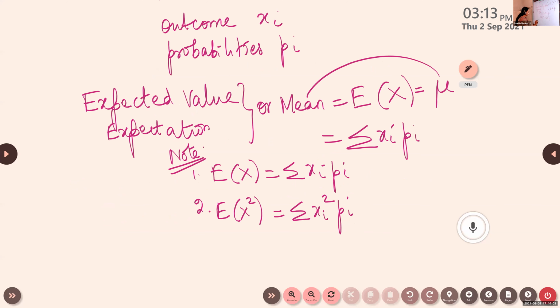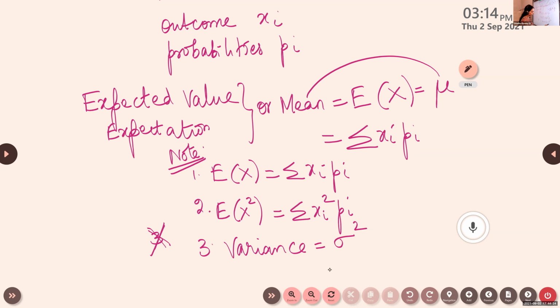So the third one is a very important formula: variance. Last year we have learned how to find variance. We know the formula in statistics. Here also we are going to learn variance. Variance is given by sigma square.